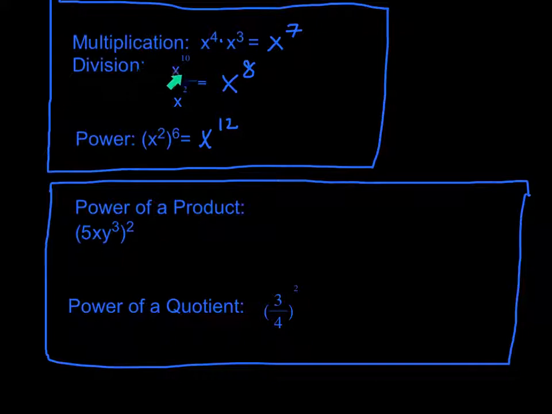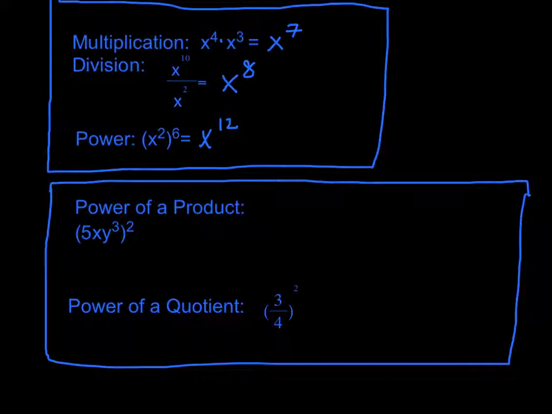With the one that says multiplication, if you look here, we have 2 bases and we have 2 exponents. So that's where we keep the base and then we add the exponents. However, if you look down at the one that has to do with powers, you'll see that we only have 1 base here and we have 2 exponents. So when that happens, we keep that base and we multiply those exponents.